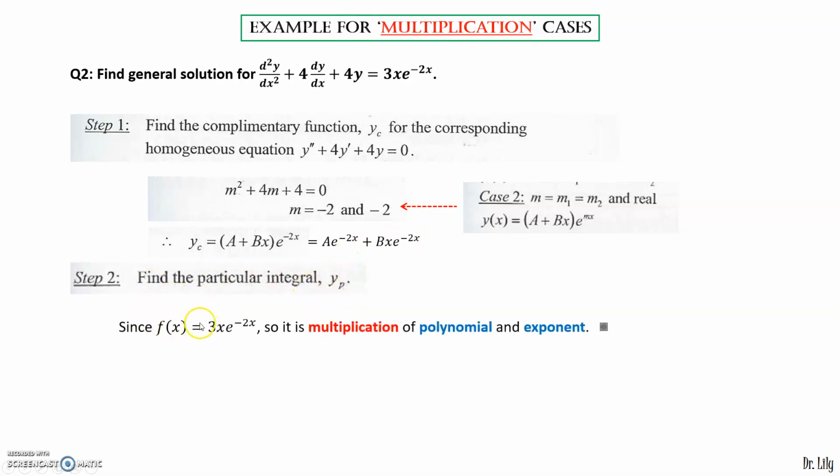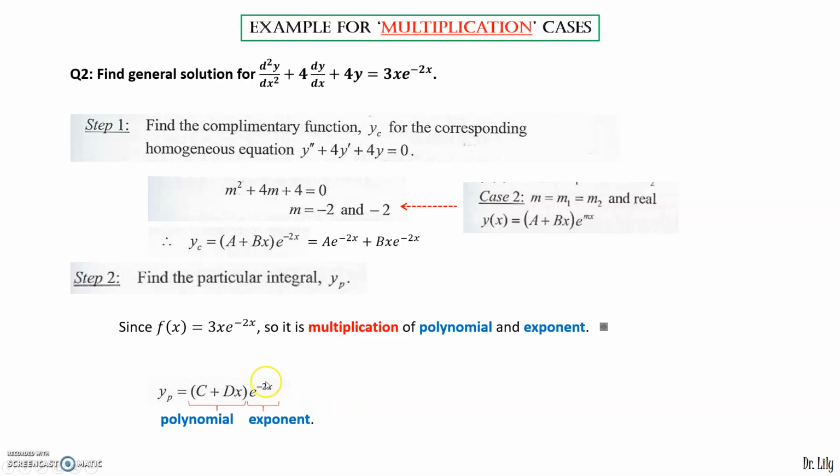Okay, so next, step number 2, we need to find the particular integral. Since f(x) is equal to 3x exponential -2x, you can see that f(x) is a multiplication of a polynomial and an exponential function. So now you have yp equal to (c plus dx) exponential -2x, where c plus dx represents the yp for the polynomial 3x, and exponential -2x represents the yp for the exponential function.